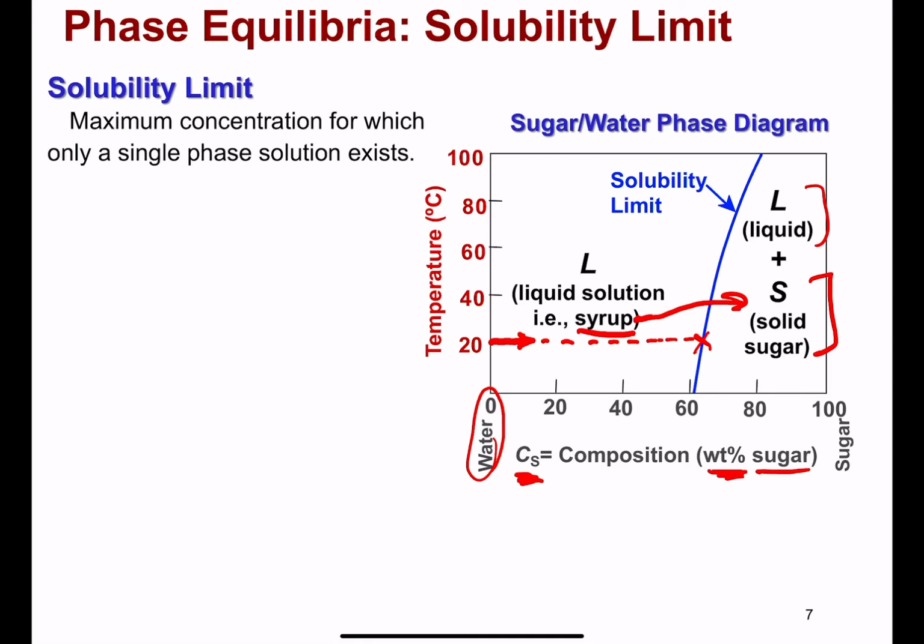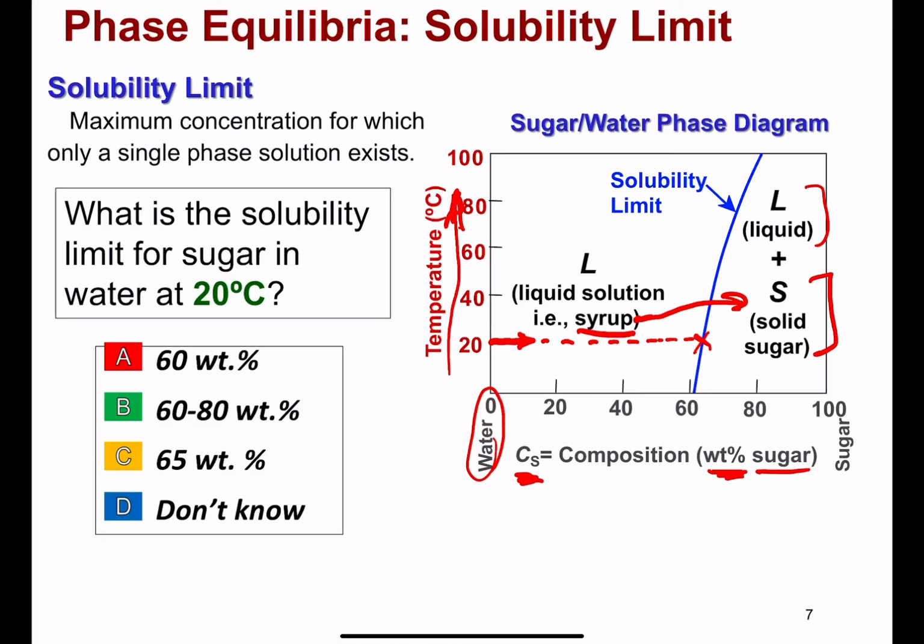Okay, so the blue line, of course, represents the solubility limit across a variety of temperature conditions that we have labeled here. So the solubility limit here is the maximum concentration for which only a single phase solution can exist. It helps us define that.